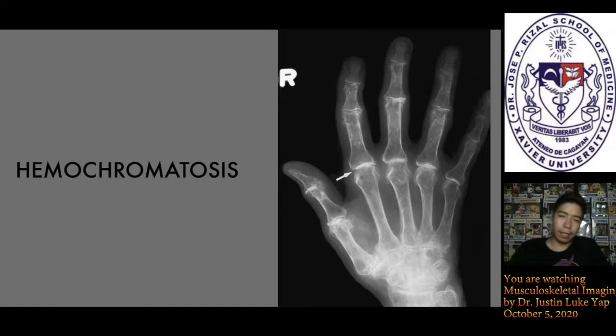So you have end plate sclerosis, joint space narrowing, and some degree of spur formation, although not as pronounced in this case. Usually the joints affected are the second to fourth metacarpophalangeal joints, as seen in this case. We have much more pronounced sclerotic changes as compared to the fifth digit.